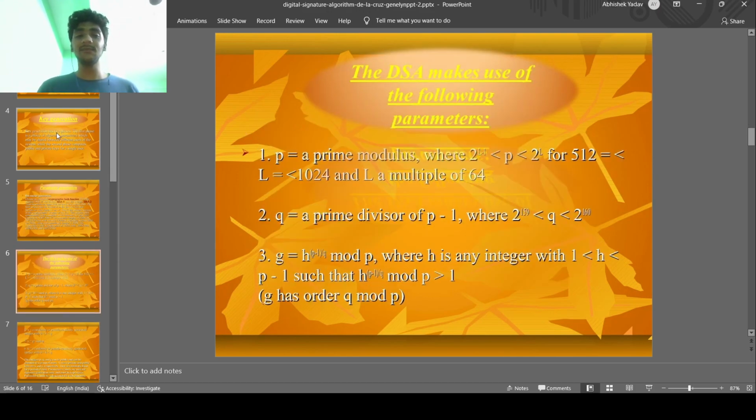Moving on, DSA makes use of the following parameters.